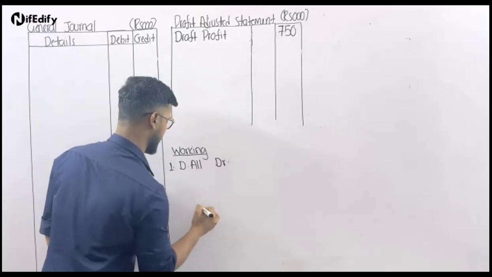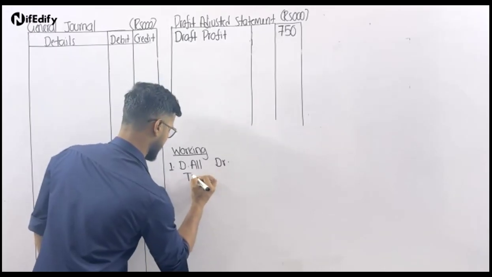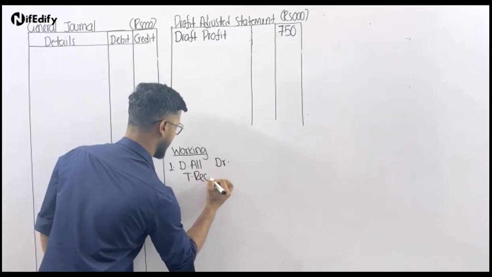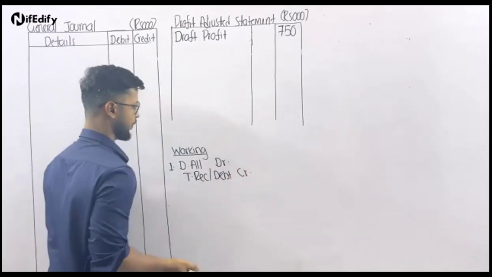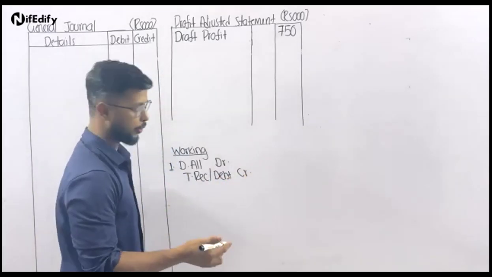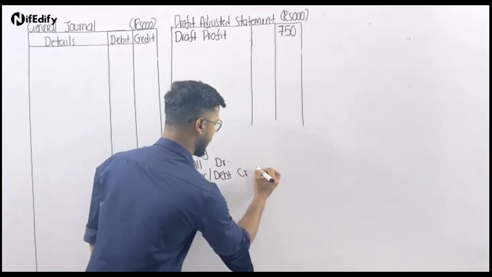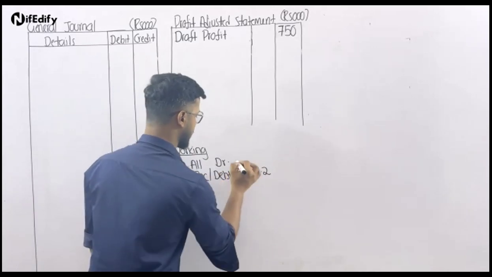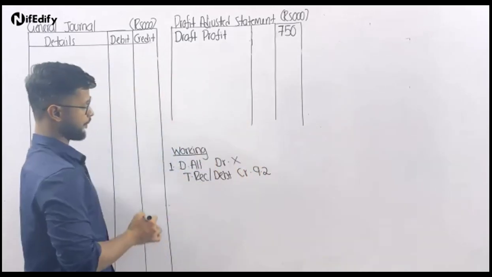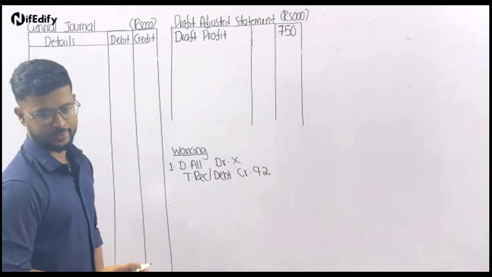Discount allowed account debit, trade receivable account credit, 9.2. So in the trade receivable account, 9.2 is credited, but in the discount allowed account, nothing is debited.